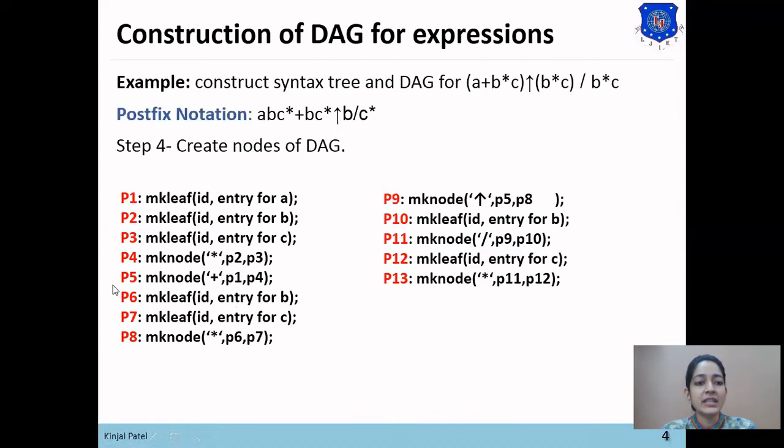So in DAG we won't create these repeated nodes; we will directly link the next expression to the already created sub expression. So here the P6 node will not be created and this node will be named as P2, the repeated node.